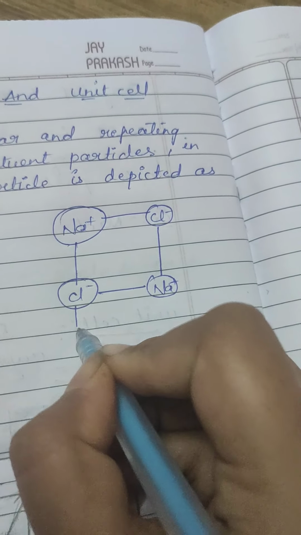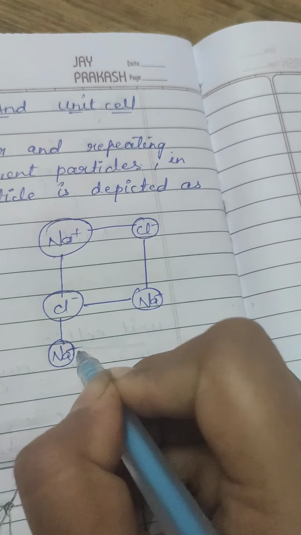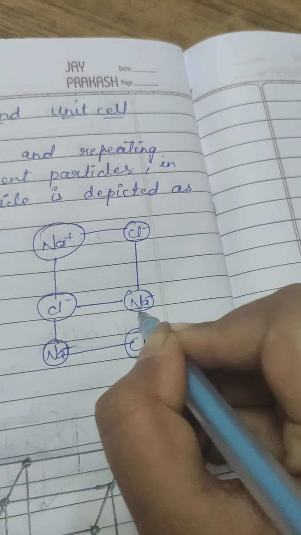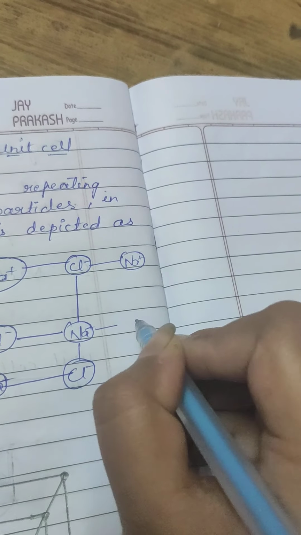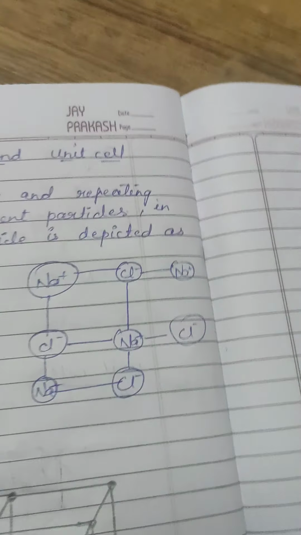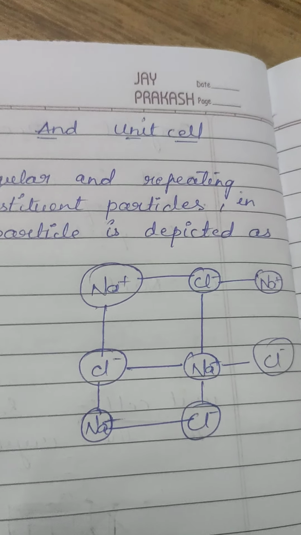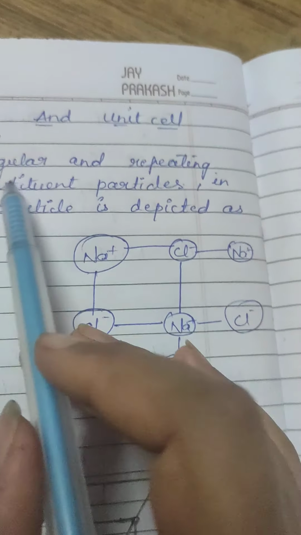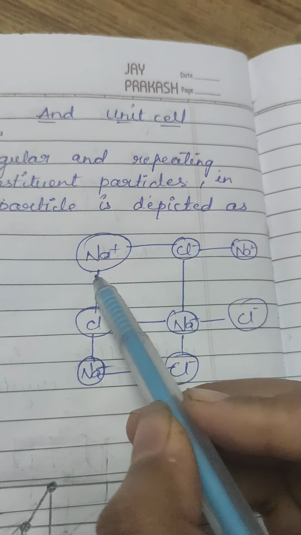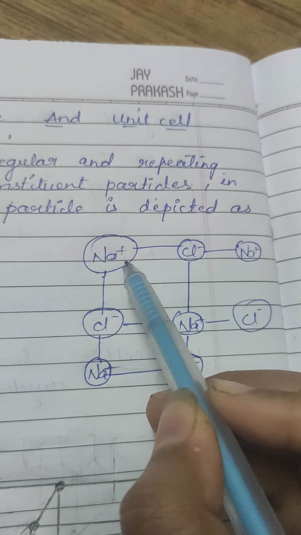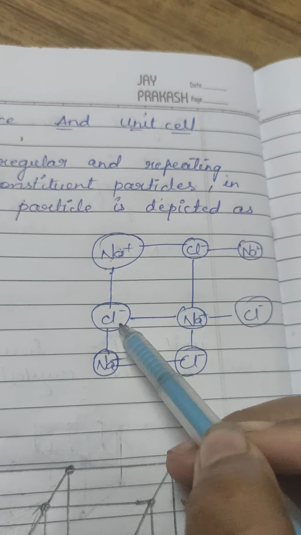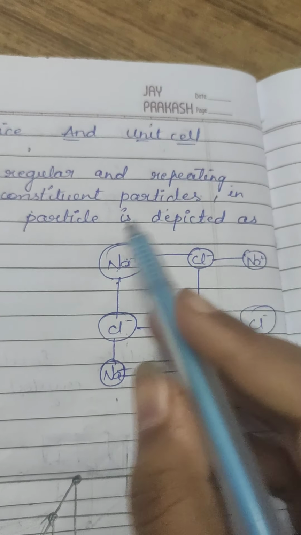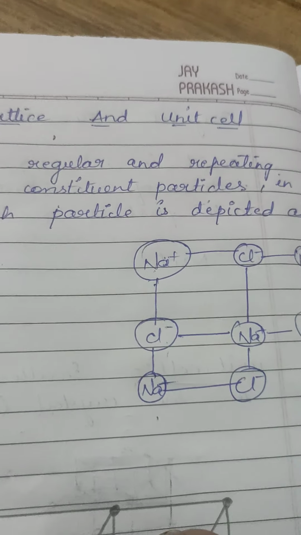This pattern continues in the same manner. You can see here the regular and repeating pattern, right? Each constituent particle, here an ion, is arranged in a repeating manner. After Na, Cl, after Cl, Na again. So this is called a crystal lattice.